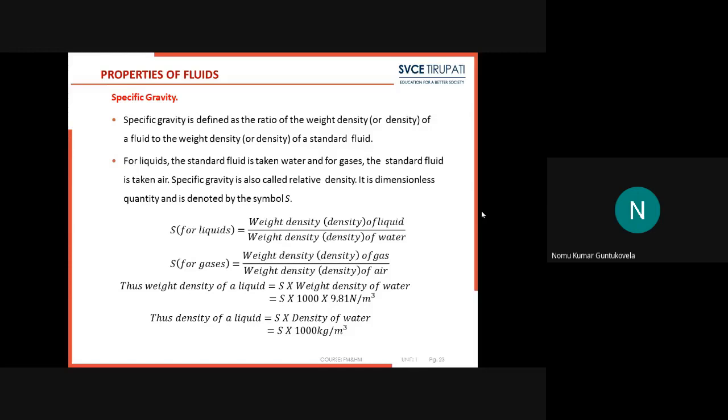So due to this, we don't have any units for specific gravity.